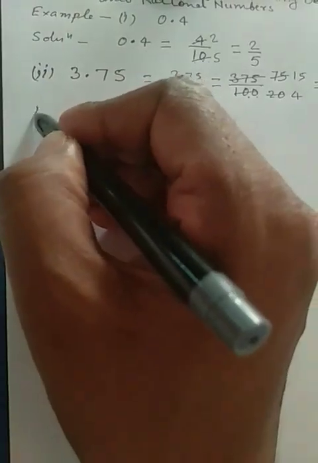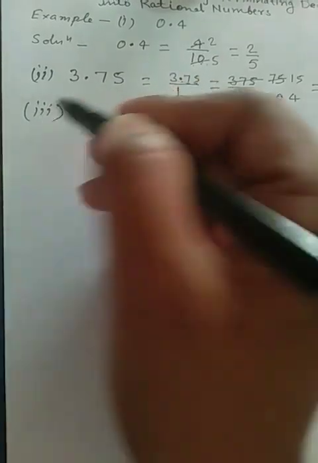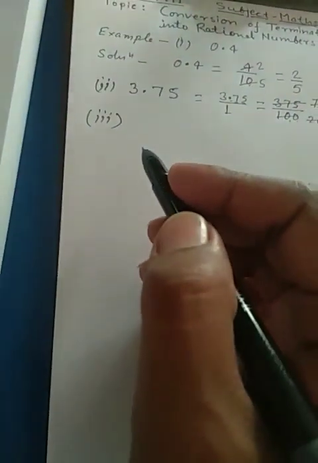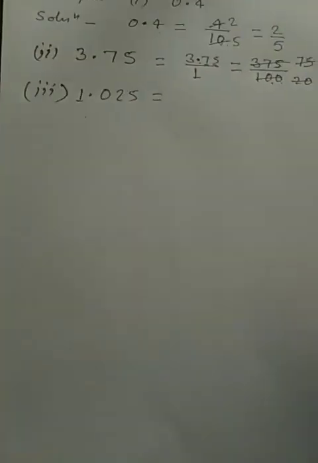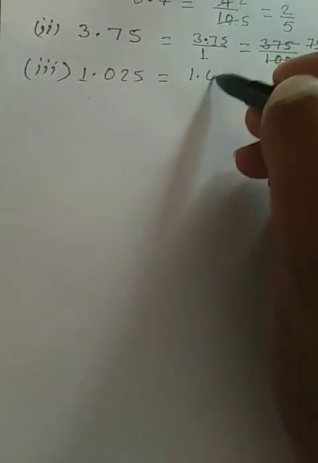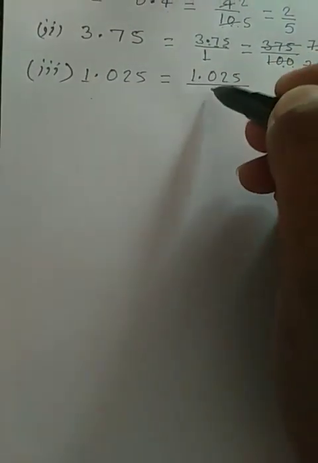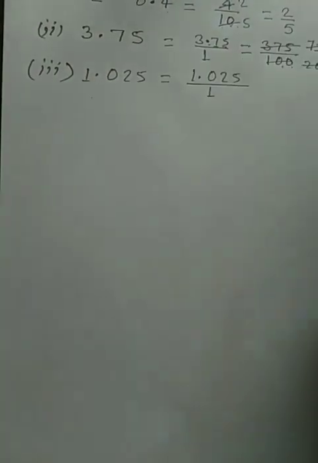Once again I am taking an example, the third example: 1.025. Again 1.025 can be written as 1.025 by 1.